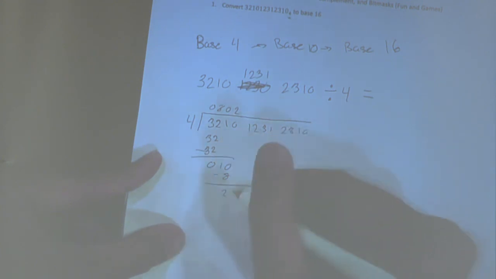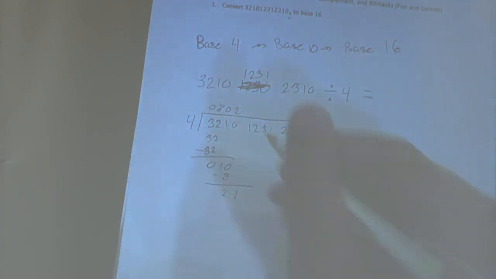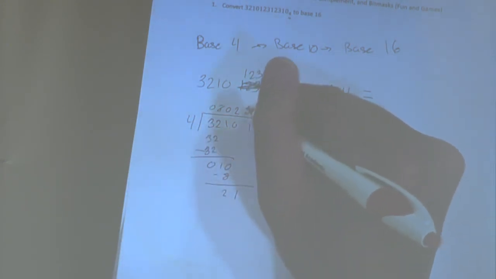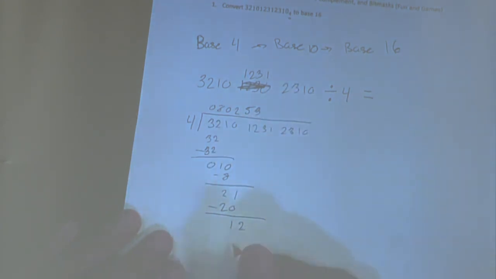Okay, so we have 21 here. How many times does 4 go into 21? That's 5 times. So 5 times 4 is 20.